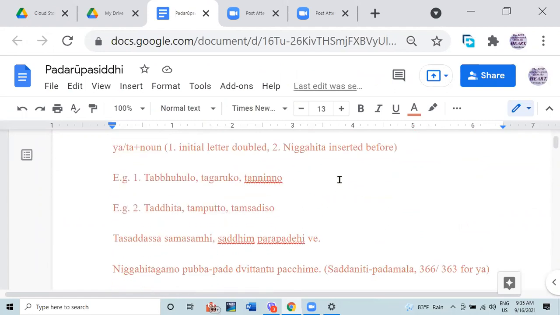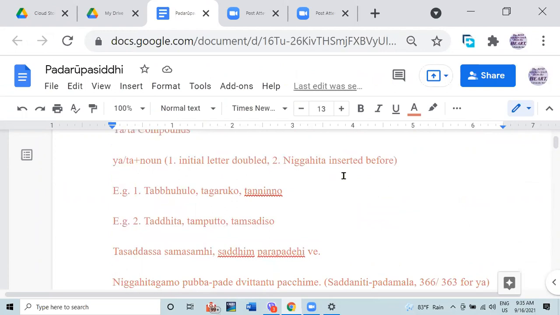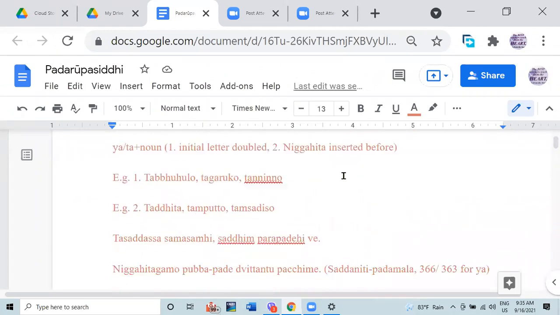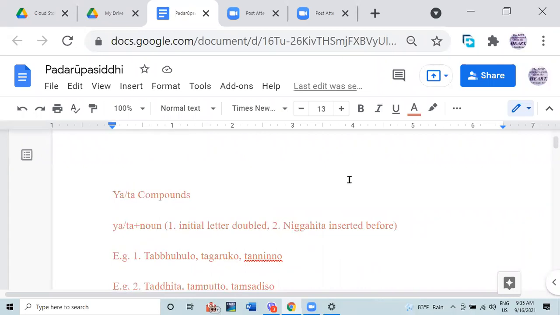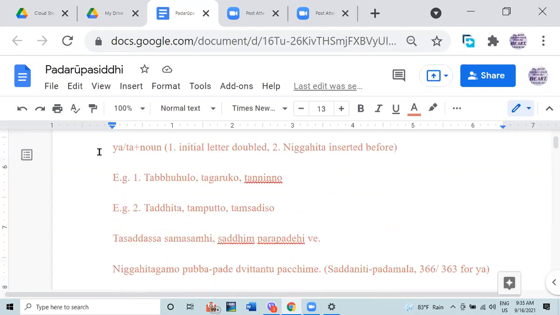Jata compounds. In first, the word tatita is a samasa word. Okay. Jata compounds. It's very common also. Let's see. This is ja plus ta and then now. So we have two ways to combine these two. Ya plus noun or ta plus noun. Two ways. Number one is the initial letter we have to double.